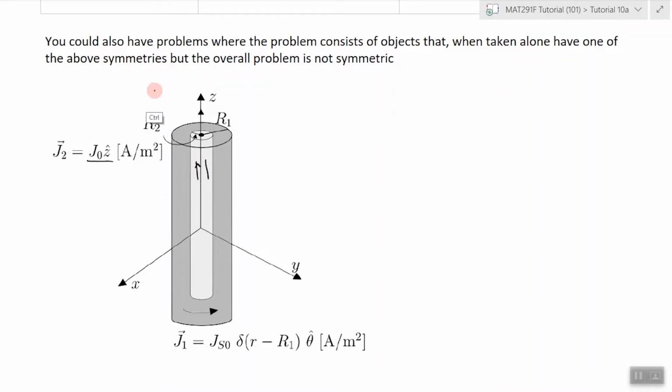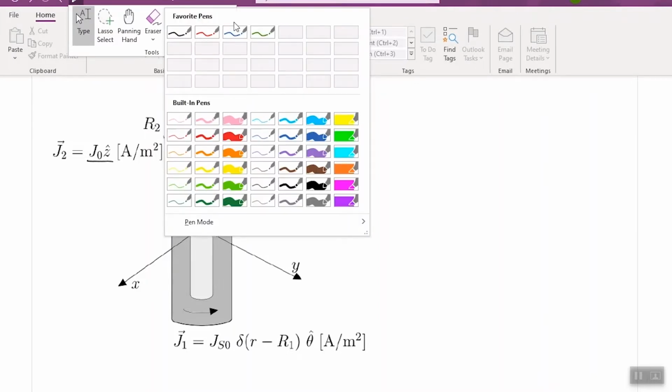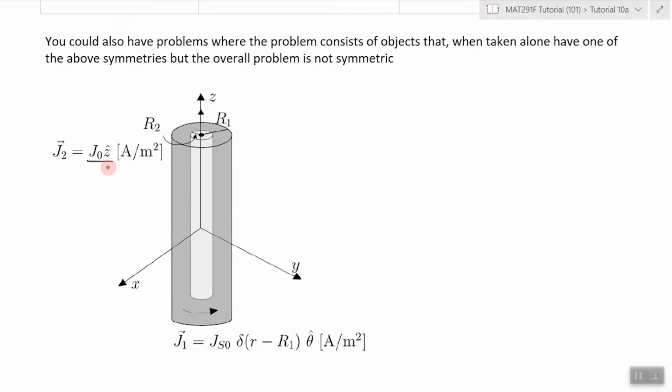Actually, let me draw it with colors so that you can see which field is produced by what. Maybe I'll choose brown for this one. So this is the current. And the field produced is in this direction.